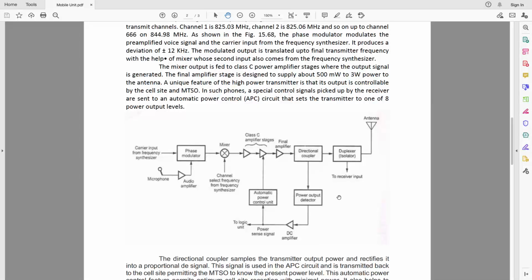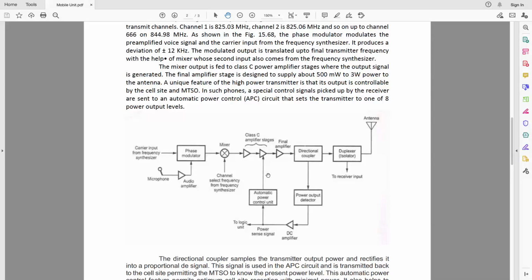Now the question may arise: why is this extra circuit used? This is the power output detector, which means whatever the signal power is, it is detected using the power output detector. It is then amplified by using a DC amplifier, and then that signal is applied to the automatic power control unit which controls the gain of the class C amplifiers.